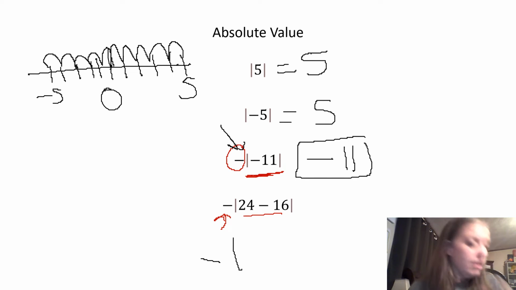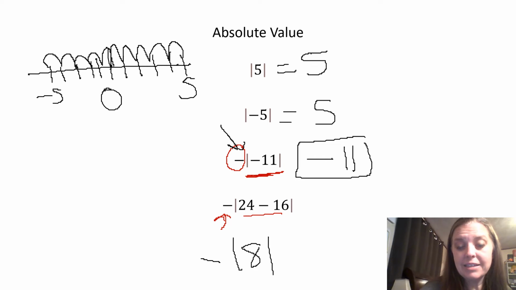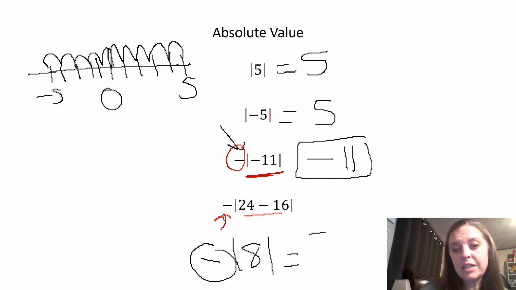And then, inside the absolute value, we have 24 minus 16. When I do that, I get 8. So what is the absolute value of 8? Now that everything is simplified inside, I'm going to take the absolute value. The absolute value of 8 is 8, and I can't lose this negative, so that whole answer is negative because of the negative outside, negative 8, and that is the answer.